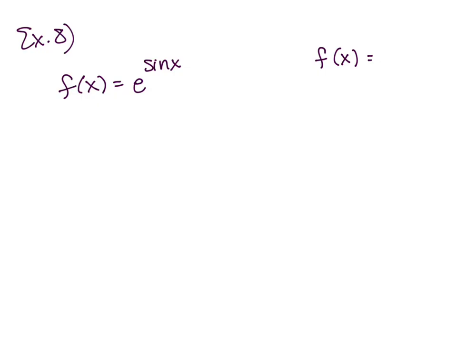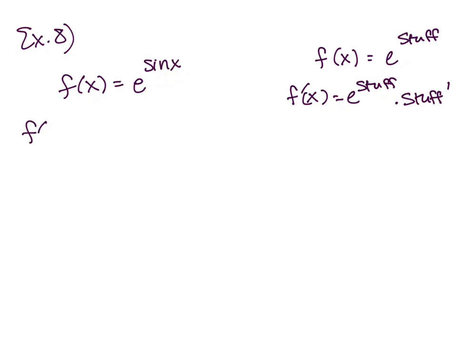If f of x is e to the stuff, so this is not just e to the x, this is e to the stuff, whatever the stuff may be, when we chain rule, this becomes e to the stuff, whatever that happens to be, times the derivative of the stuff. So we're going to do e to the stuff times the derivative of the stuff. That's our mental math right there.